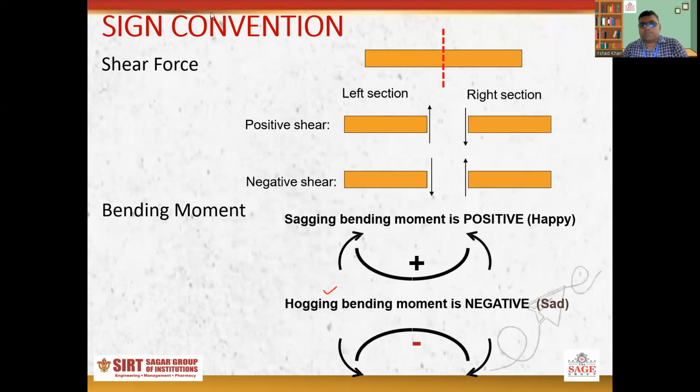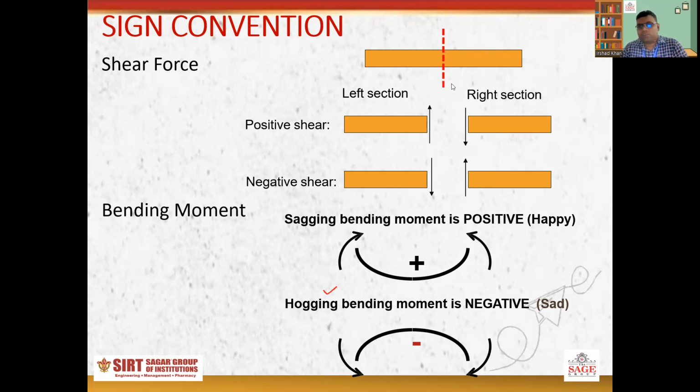Let's understand sign convention, which is very important to know before drawing the shear force and bending moment diagram in this chapter. Shear force sign convention: if we take a section to calculate the shear force, what will be the sign?